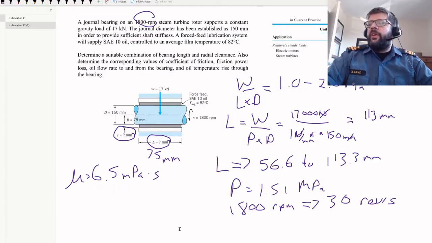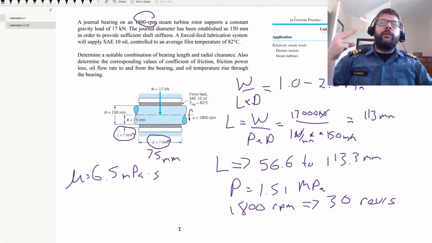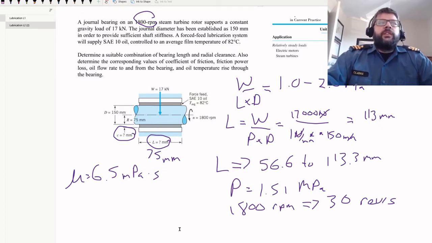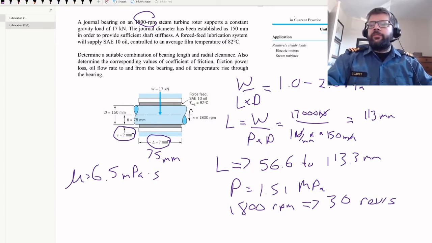So we've got our N, our P, our U, our radius. We don't know what our clearance is yet, and that's the only thing left for determining where we're going to be sitting on our hydrodynamic performance charts.